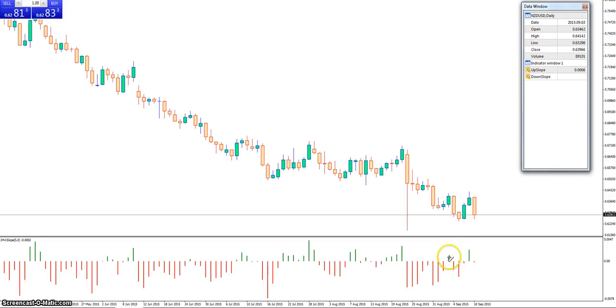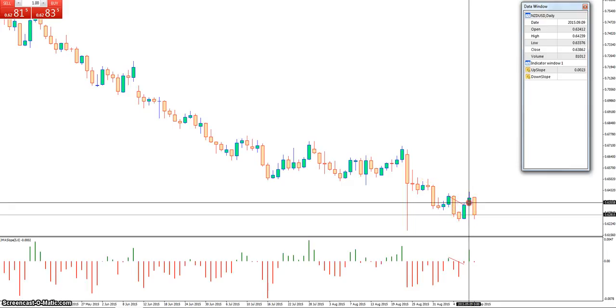What happened here is the indicator was going downwards, and the price was also in this direction. So this was a parallel direction. This was not a divergence on that day.